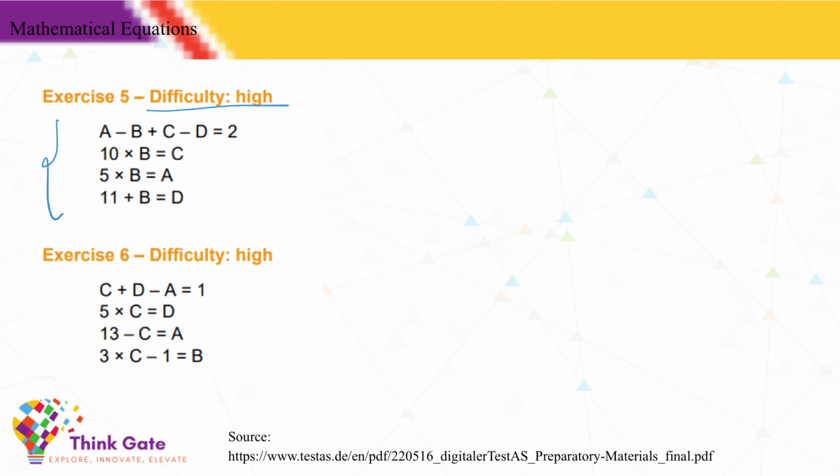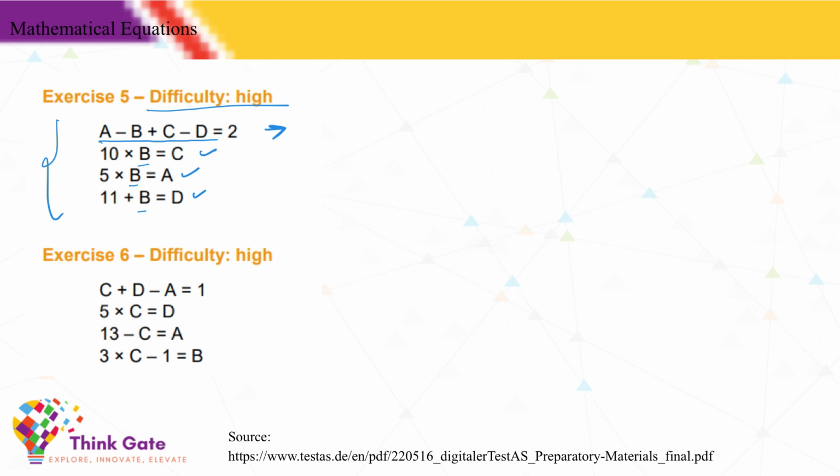Here you must observe one thing, that the b variable is available everywhere. So what we can do is substitute a, c and d with b and apply it in our first equation. Our equation is a minus b plus c minus d is equal to 2.